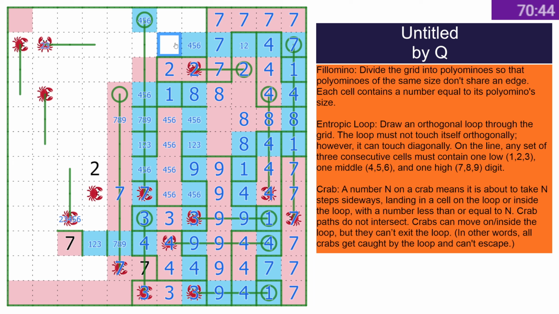If that's the loop, that couldn't be loop at that point. That would have to go loop loop. Or if that is loop, goes loop loop. That couldn't be a 2. Oh, and I suppose that, yeah, I couldn't do that to this guy anyway.